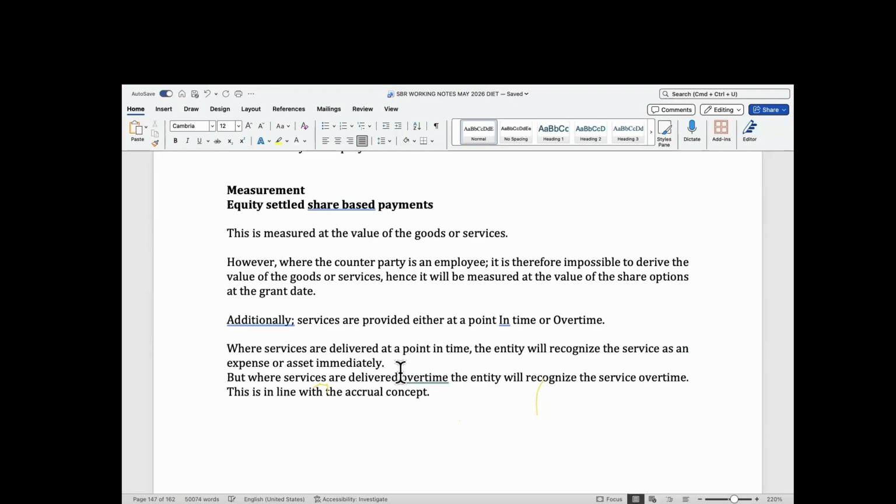I've never seen that. The one you see often in your exam is where the counterparty, usually an employee, would have to work for the company for many years before the option can vest. The way it was done was that people would not even recognize the transaction in the books until the employee had met the condition and they wanted to issue out shares.